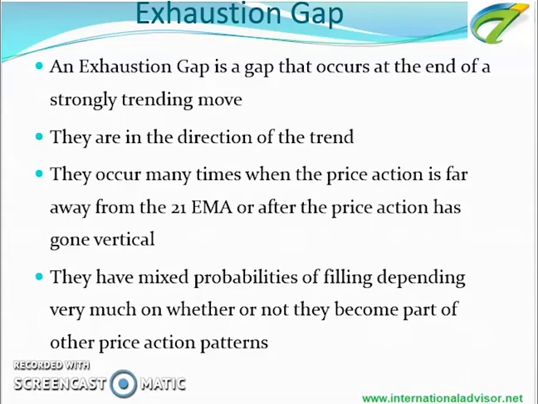Exhaustion gaps. An exhaustion gap is a gap that occurs at the end of a strongly trending move. They are in the direction of the trend. They occur many times when the price action is far away from the 21 EMA or after the price action has gone vertical. They have mixed probabilities of filling depending very much on whether or not they become part of other price action patterns.